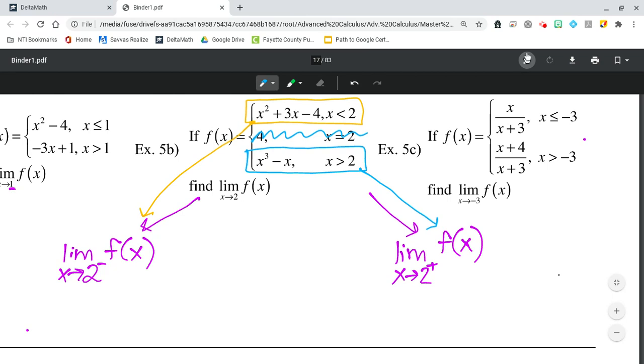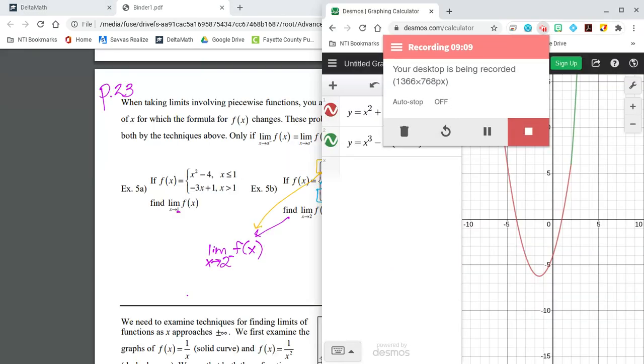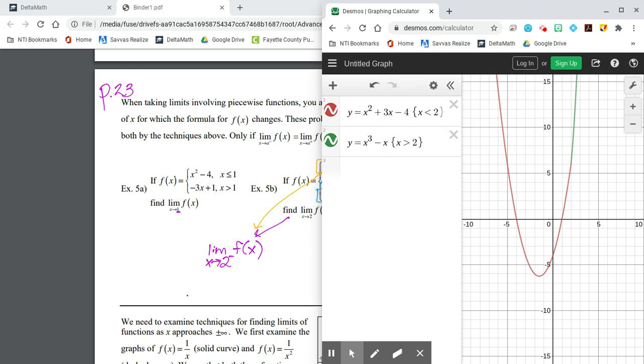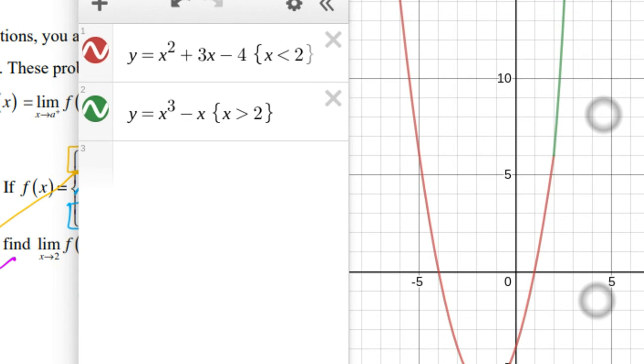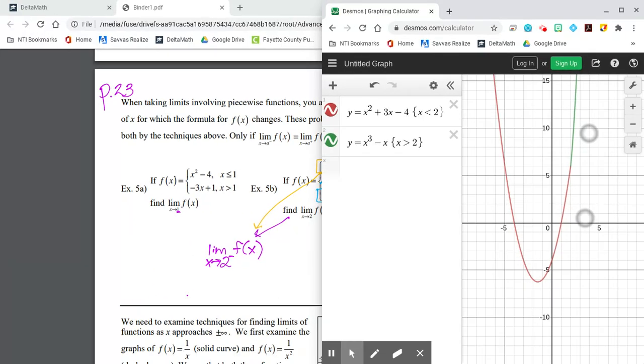Okay, so I'm going to pull up the two graphs and we'll evaluate this limit. So now I have my two functions graphed, and I notice that they actually meet up right here, which is really nice. Even though there's a point undefined, even if I zoom in really closely, they meet up, which is wonderful. But let's still see what's happening here.